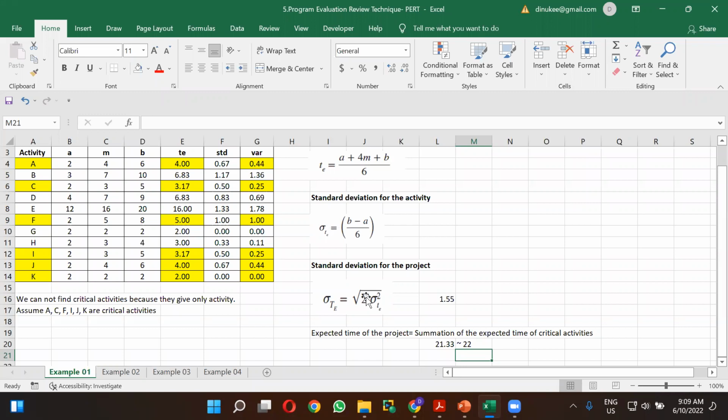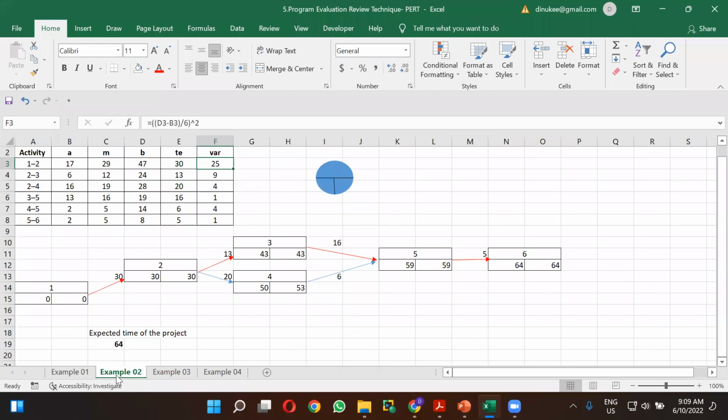When calculating the standard deviation for the project, you take the variances of the critical activities, get the summation of all those variances, and take the square root of that. So please calculate the standard deviation of the project.